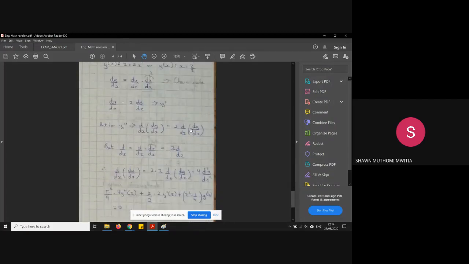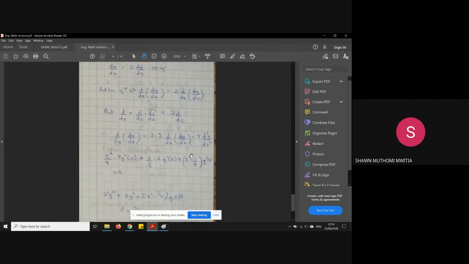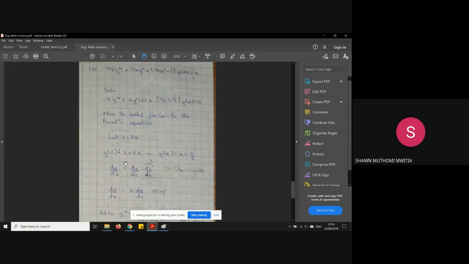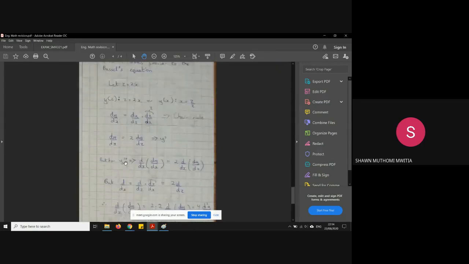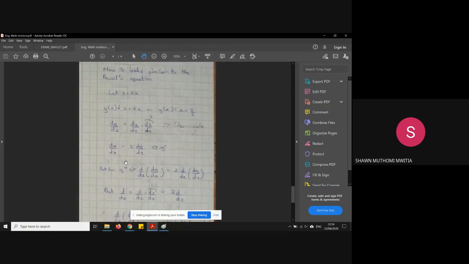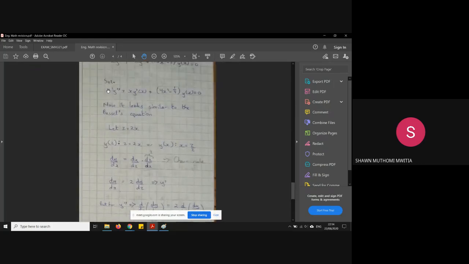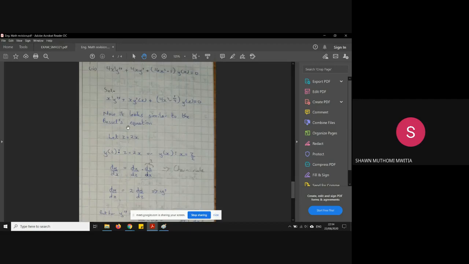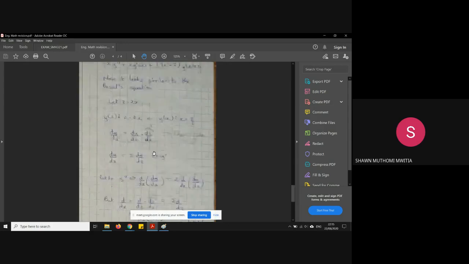So that's what I did. This 4 times the second derivative, I substituted it back here. So 4 over z squared over 4. That z squared came from this x squared. Remember we said z equals 2x, so x squared will equal z squared over 4.